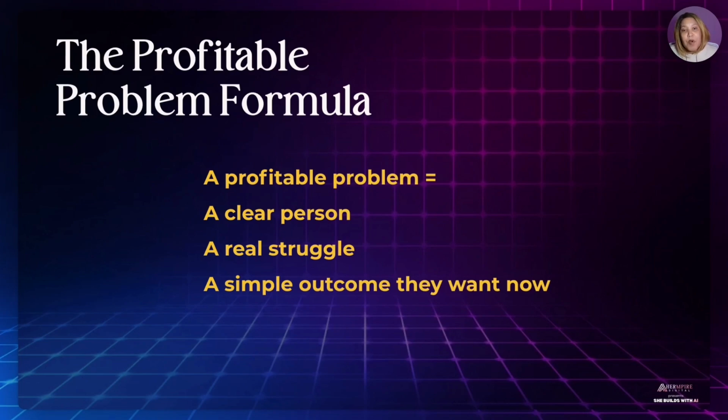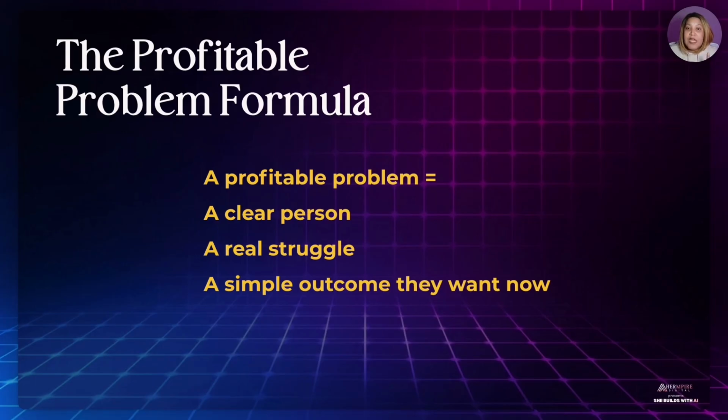Now, a profitable problem formula is a mix of three things. It's having a clear person, which you should have, a real struggle, which is in your detailed analysis, and a simple outcome that they want right now, which is also in the analysis if you took the quiz. That's why it's very important at this stage to have your customer avatar analysis at the ready.